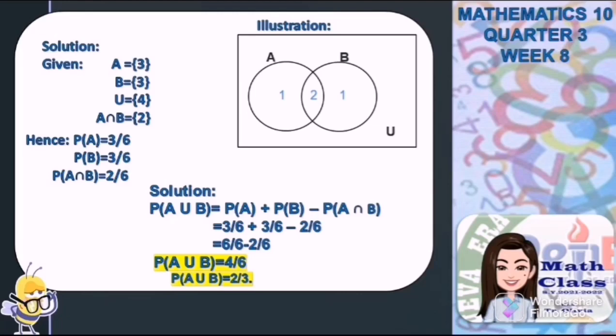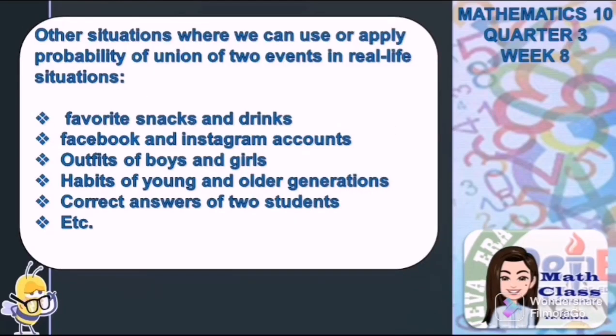So by substitution, we have 3 over 6 plus 3 over 6 minus 2 over 6. That is equivalent to 6 over 6 minus 2 over 6, which leads us to the difference 4 over 6, or in lowest terms we have 2/3.